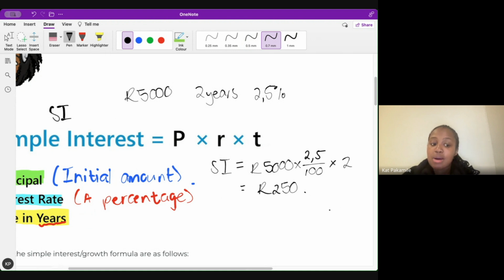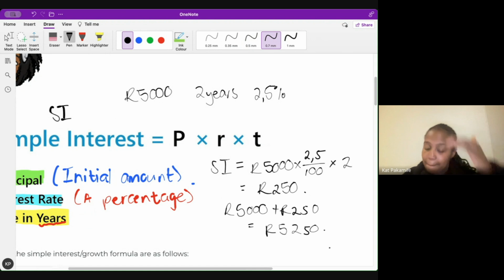Okay, but if I want to know in total how much I have, that would mean that I have the initial 5,000 rand that I invested plus the 250, which means I now have 5,250. Do we get it? I hope you guys understand.